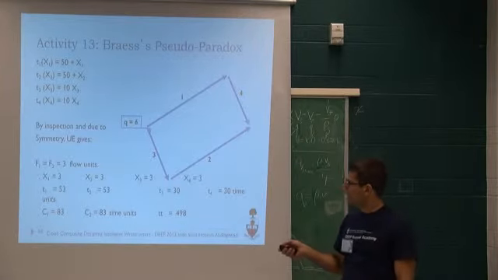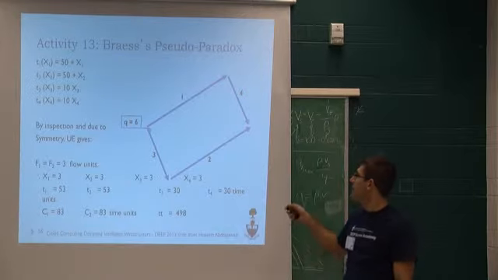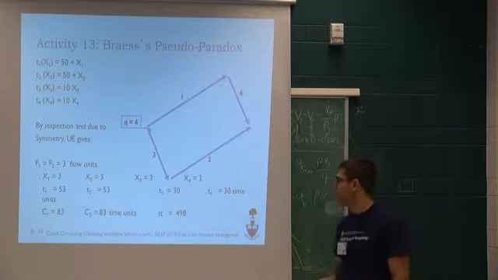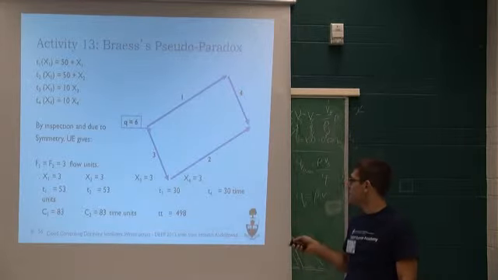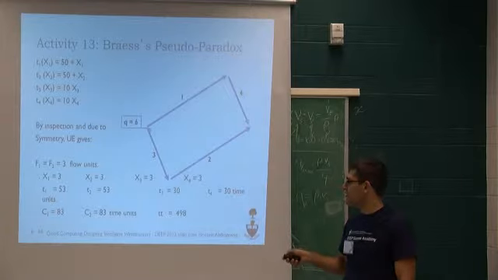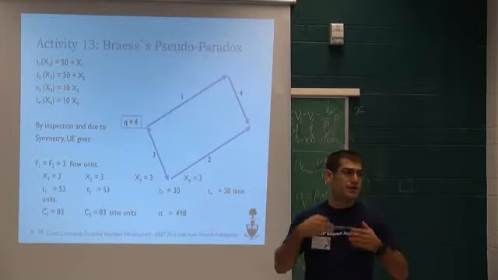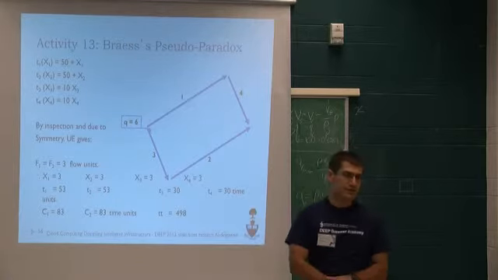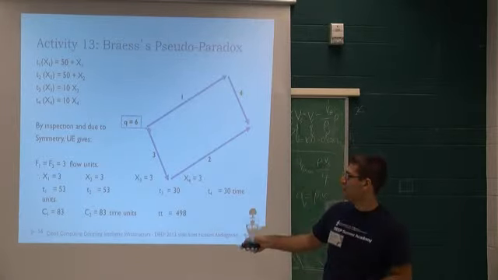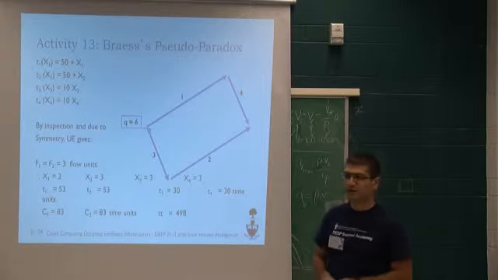So x1 equals 3 basically, x2 equals 3, and all of them will have 3 cars on them. That ends up giving us this travel time, so 83 time units for both sides. And the total travel time, which is calculated, as we said, as the queue times the travel time, gives us 498. Okay? So 83 times 6 will give us 498.